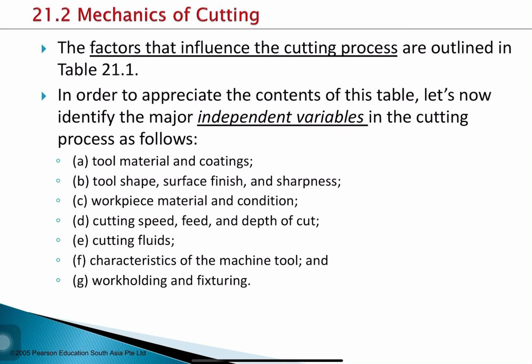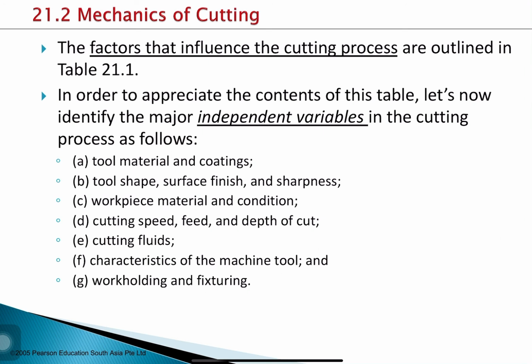Of course, the surface finish and sharpness of the tool will create a different texture on the surface of the workpiece. And of course the workpiece material: if it's a soft material, it's easier to cut. Perhaps you want to use a higher velocity, because if it's too slow, it will create more heat because of the friction, and it will lead to a very bad surface.